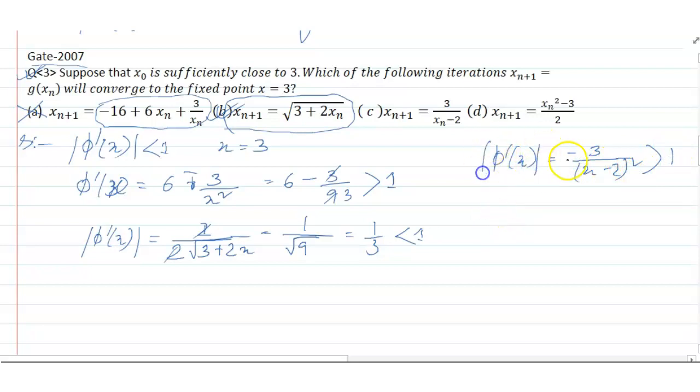And in the case of the next option, we get (x minus 3) by 2, and if I put in the value, it is greater than 1. So my option B is correct.